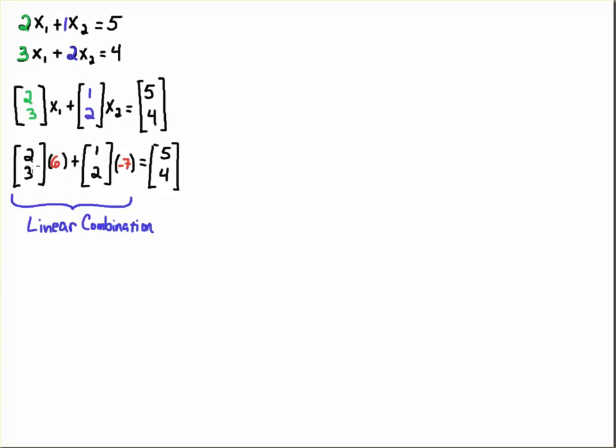What you have here on the left is what we call a linear combination. More specifically, this is a linear combination of the columns of A, of our matrix.